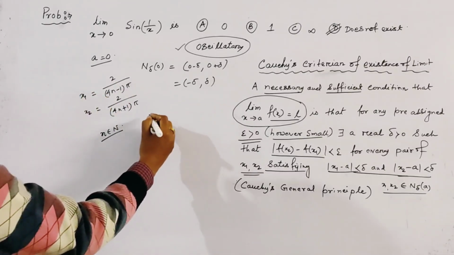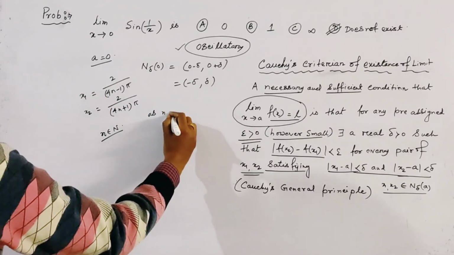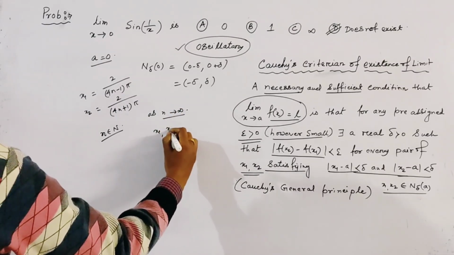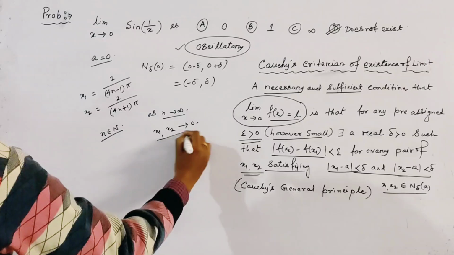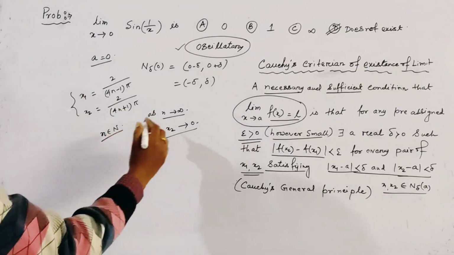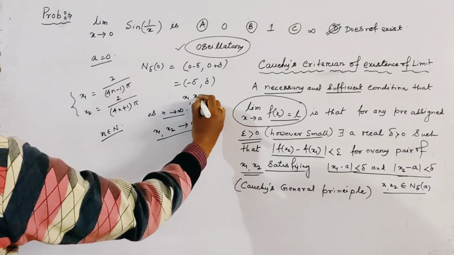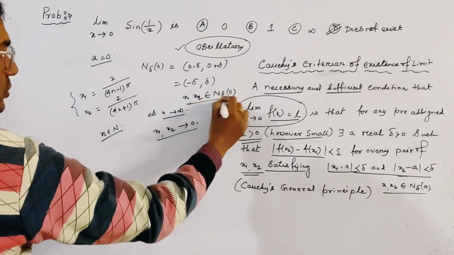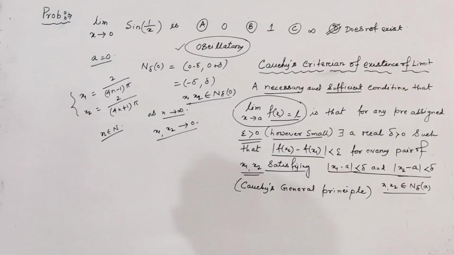That is, as n tends to infinity, x1 and x2 both tend to 0. So for large n, x1 and x2 both belong to the delta neighborhood of 0. This is the first point.